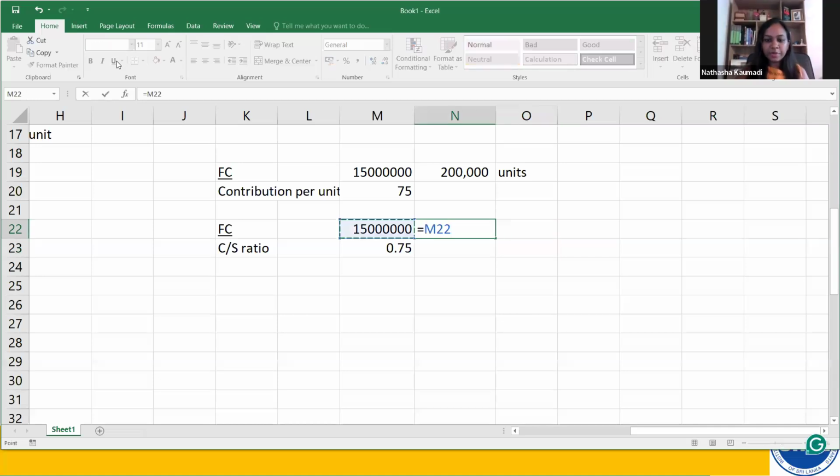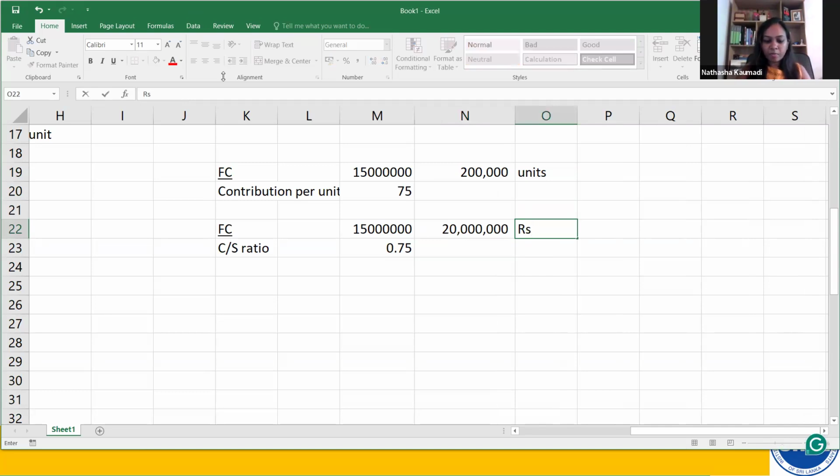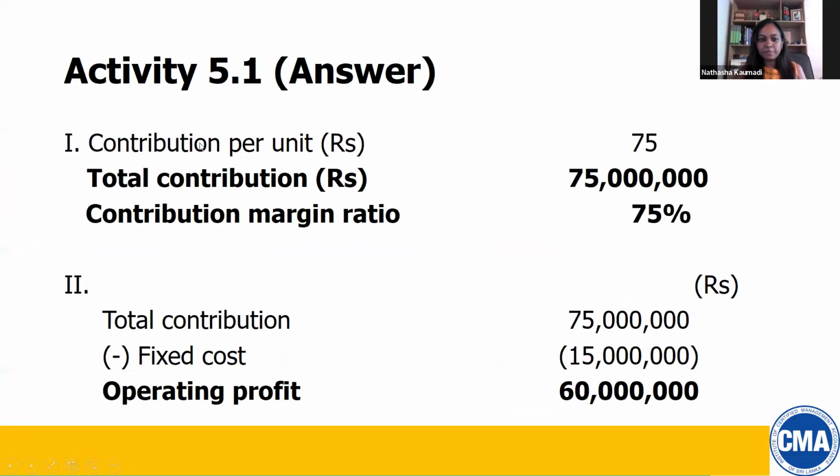Divided by 0.75, you have 20 million rupees. Exactly correct. So you can write it as rupees 20 million. That means in order to be at the break-even point, you need to have sales of 20 million. That is how you calculate the break-even point.